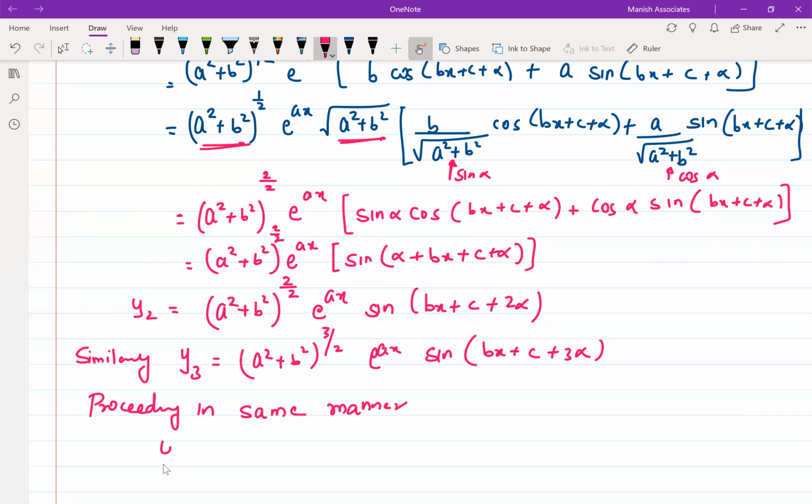I think so. Now we can find what is yn. What will yn be? A square plus b square, the whole raised to n by 2, e raised to ax, sine of bx plus c plus n alpha. All right.